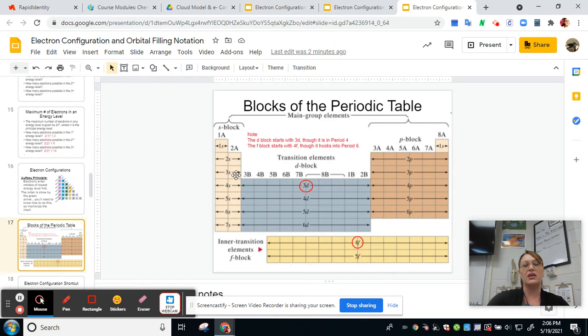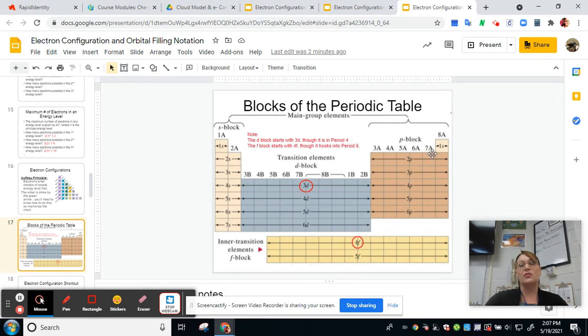Calcium's right here, and its atomic number is 20. And since it is in the second column of the 4s row, then that tells me that the ending configuration will be 4s with 2 electrons in that s orbital, and we'll put a little 2 superscript to indicate that.